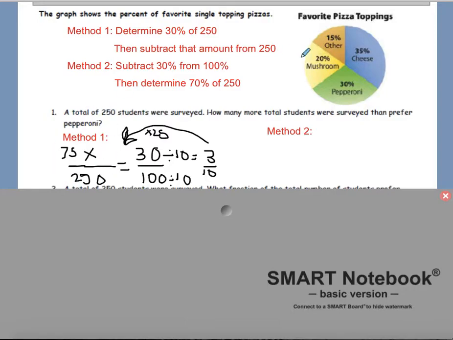But that does not answer our question. We want to know how many more total students there were than students that preferred pepperoni. So we still need to subtract 250 minus 75 to get our answer.